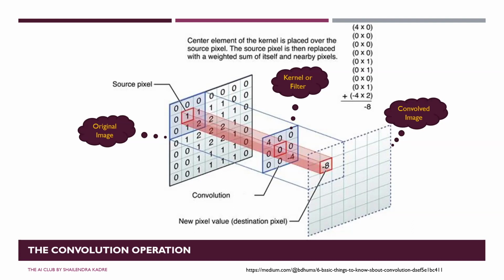So when it convolves with the source pixels, the 3 by 3 matrix overlaps the 3 by 3 portion of our image. The result of that matrix multiplication, scalar multiplication, and all those values summed up give us the result pixel, hence reducing the number of pixels. So now the 9 features we have are reduced to a single feature.